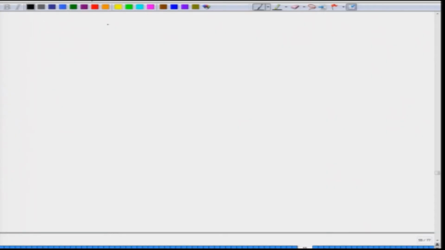Here is a method given by Newton, which suggests how to get an approximate root. Suppose we have x to the power 5 plus 7 x square plus 21 x plus 6 is equal to 0. How do we find a root of this?